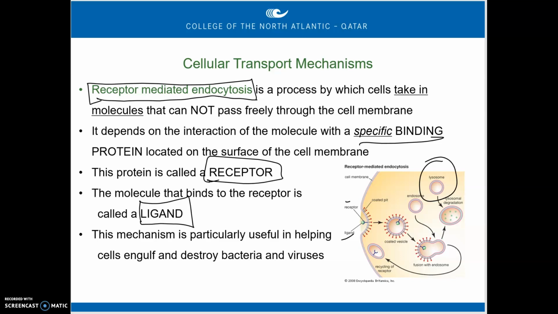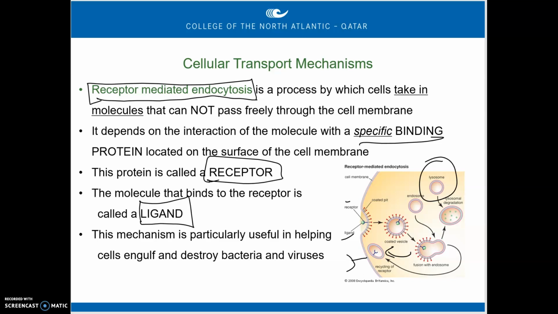Now, we want to keep using those receptors again, so once we make our endosome, we send another vesicle back to the cell surface so that the receptors for the chickenpox virus go back on the outside of that cell so the cell can keep doing its job. Now, along comes this organelle called a lysosome. Inside a lysosome, we generally have all of these really nasty enzymes.